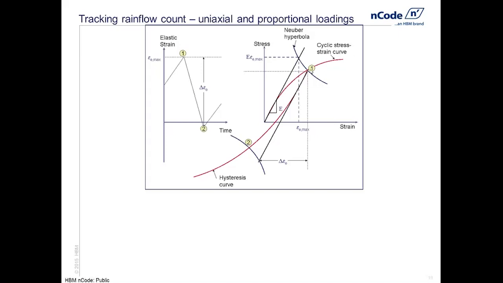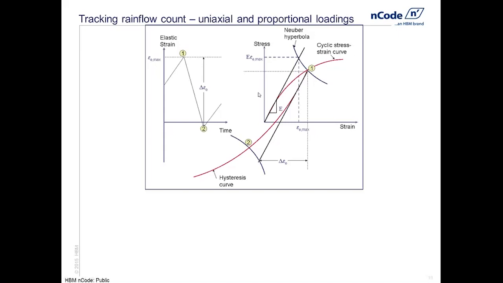We then look for the next turning point, point 2, and we use the hysteresis curve now to find that position. If we are working from elastic pseudo strains, then we also have to put in a Neuber correction on each half cycle. It's all based on the turning points, and it's quite quick.